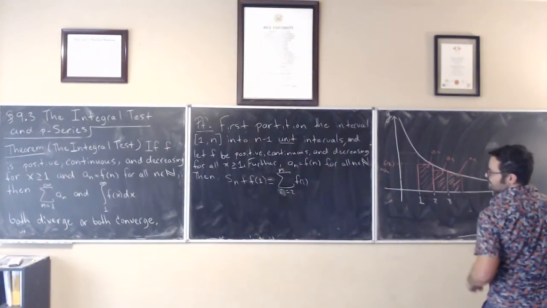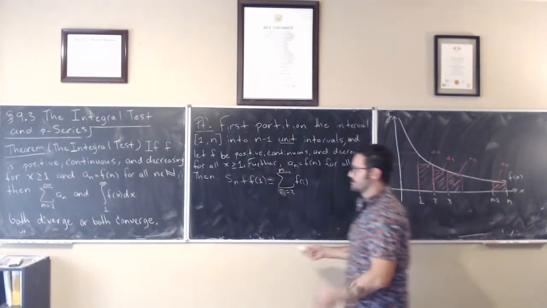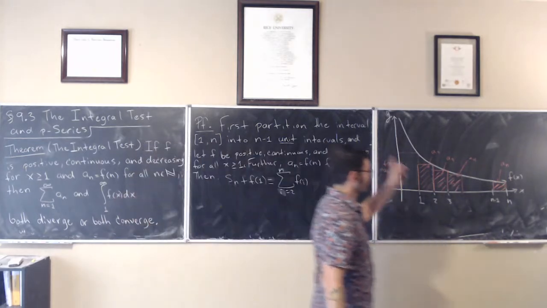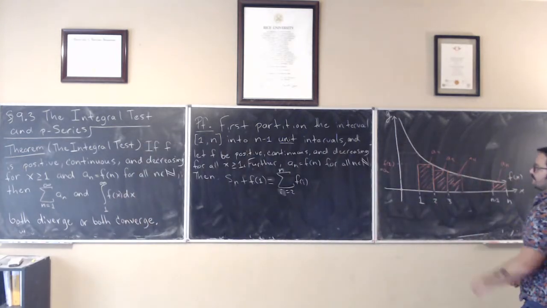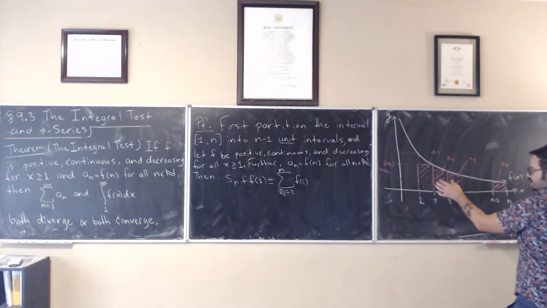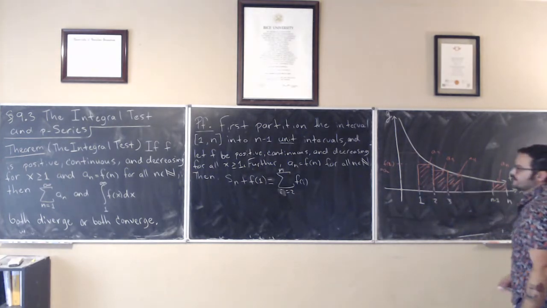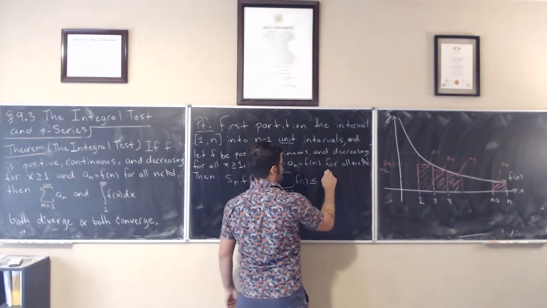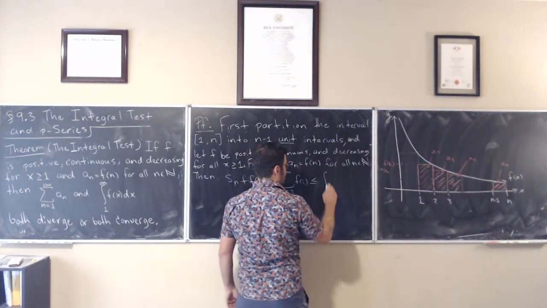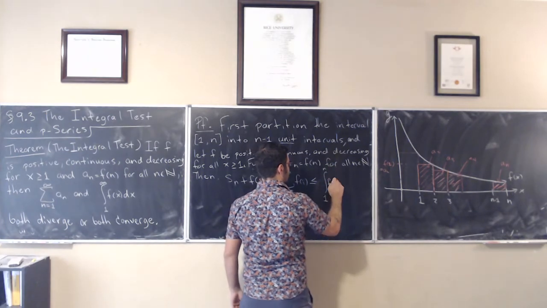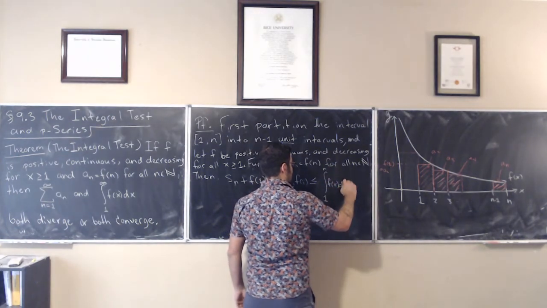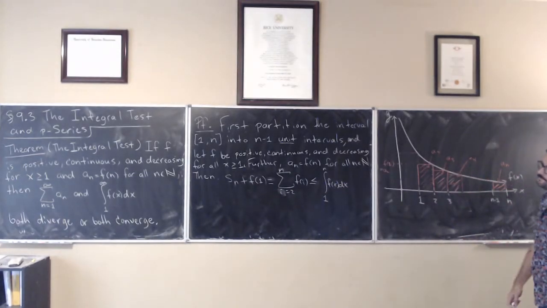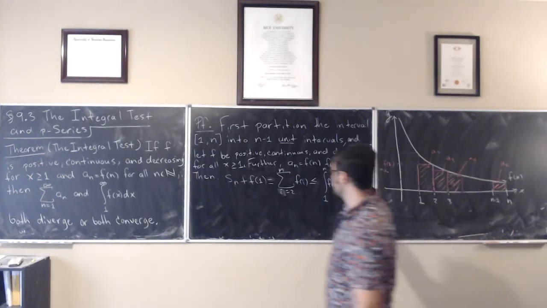Because we're concerned about the nth partial sum and how that relates to the integral here, we can clearly see that all of these together are at most the integral from 1 to n of the function f of x dx. That's at most that.